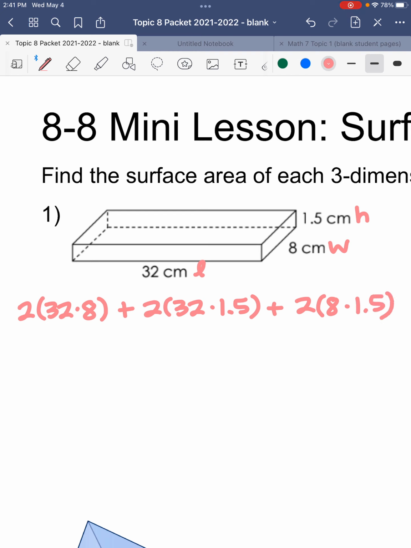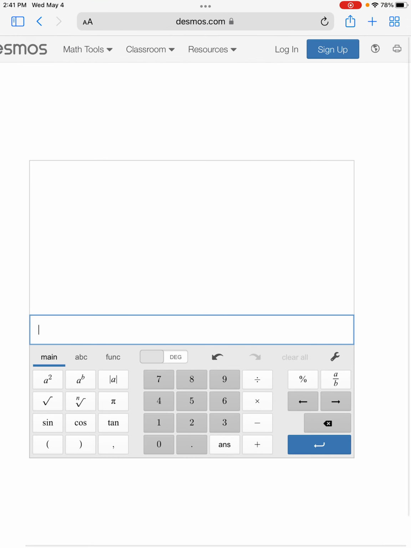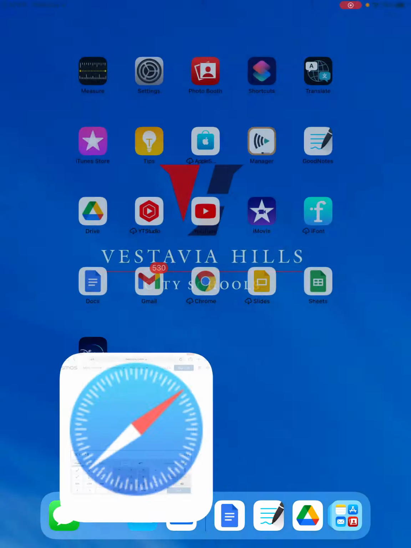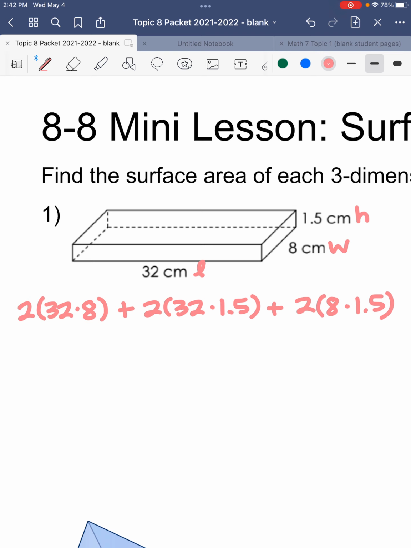So let's go to our Desmos calculator. I have it right here. So we have 2 times 32 for my length times 8 for my width, and I get 512. Okay, so my first little piece is 512.